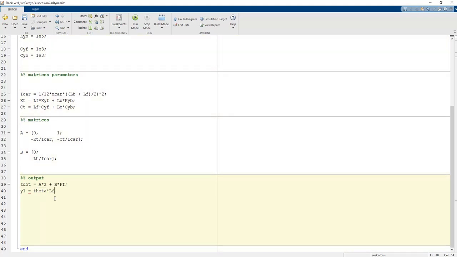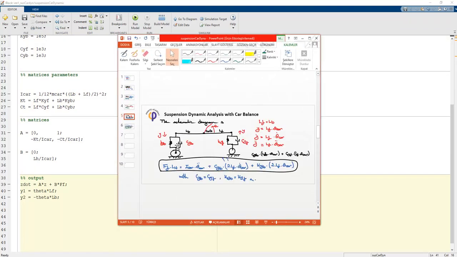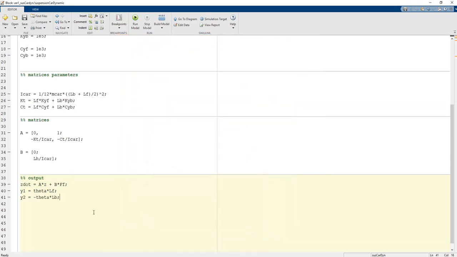Theta times Lf, because it's the front wheel dynamics, and y2 is equal to what? Minus theta times Lb, because the general direction is in reverse order, or the direction of y is reverse, and so this is y1, this is y2, and the direction is reversed, and so we need to add the minus term in here. Okay, and additionally we need the Fyf force in here.